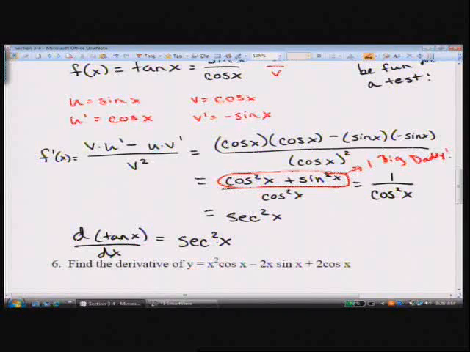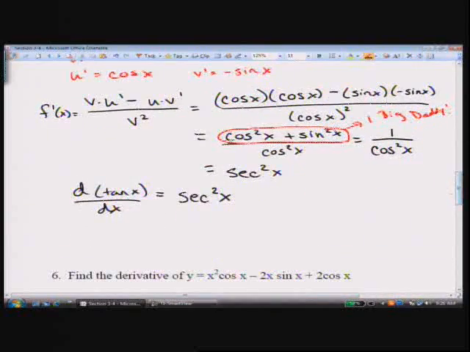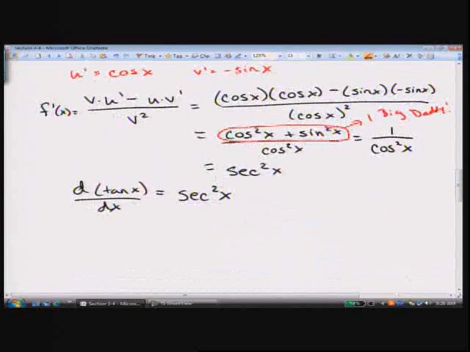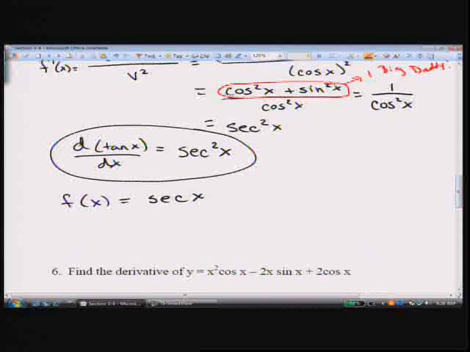All right, now, should I do one more? I'll do one more. You can sort of see that cotangent would fall similarly. Let me do secant for you, so that's kind of fun too. If f of x is equal to secant of x, then the derivative will be, let's see.